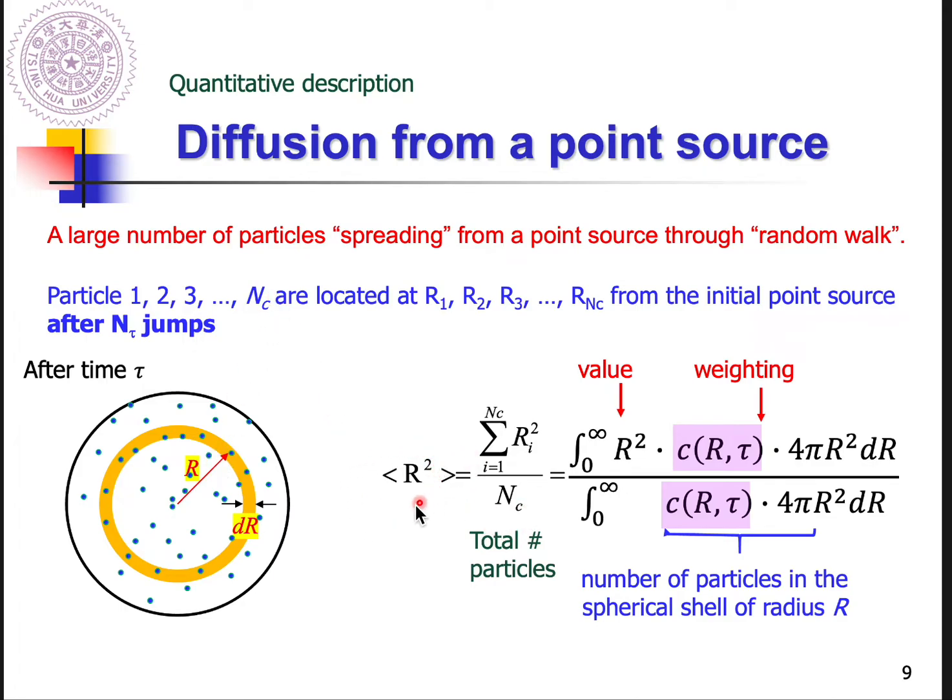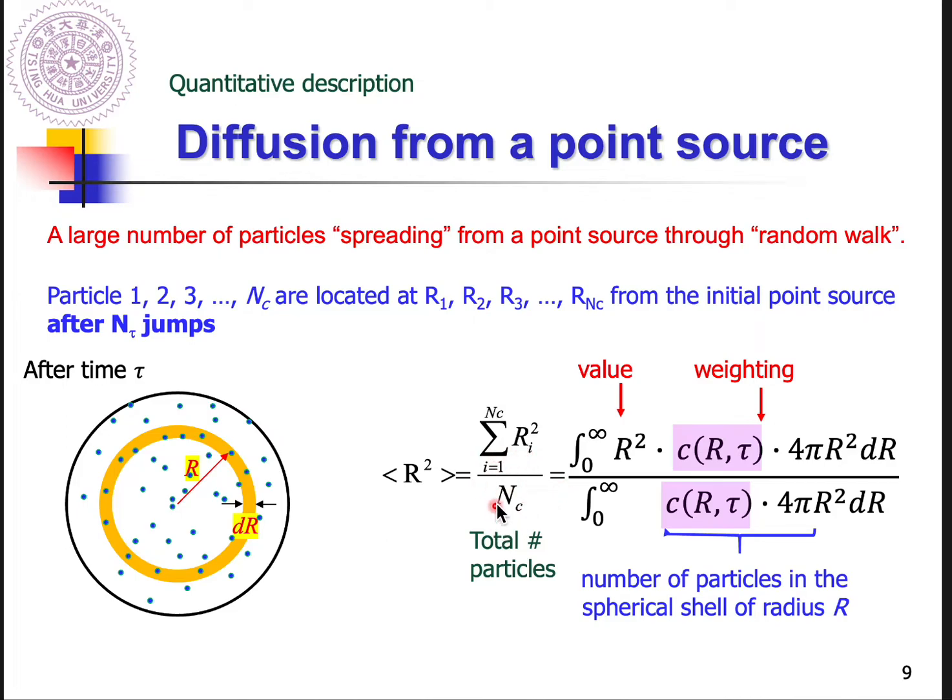So what's the mean square displacement? Actually it is the sum of capital R squared times the number of particles at that specific capital R, and you sum them up.